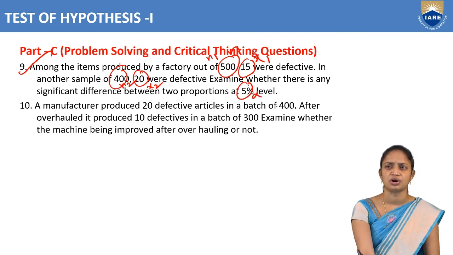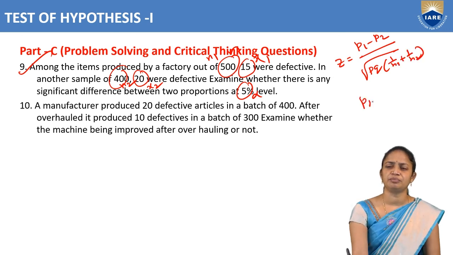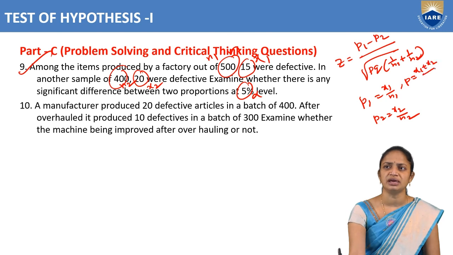Here also we have to follow our procedure, and along with this formula, that is P1 minus P2 divided by under root of small pq into 1 by n1 plus 1 by n2. So where P1 equal to x1 by n1 and P2 equal to x2 by n2, and small p equal to x1 plus x2 divided by n1 plus n2, otherwise n1 p1 plus n2 p2 divided by n1 plus n2. Q is nothing but 1 minus p.